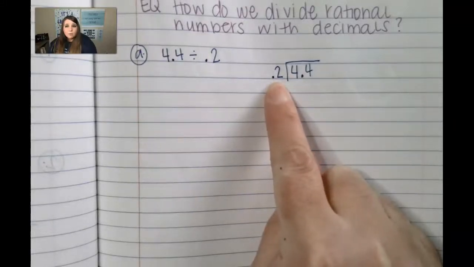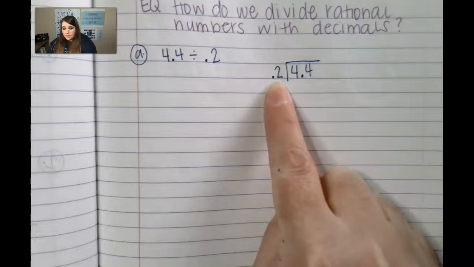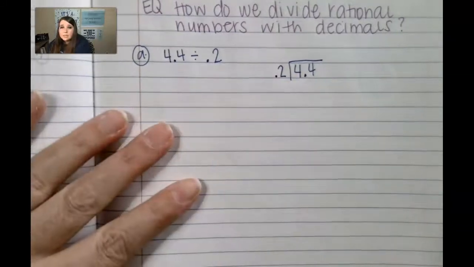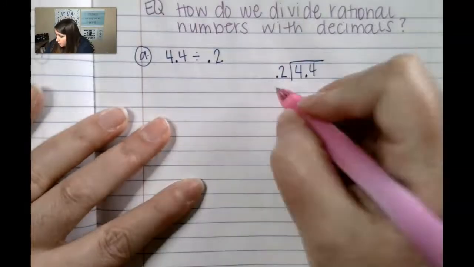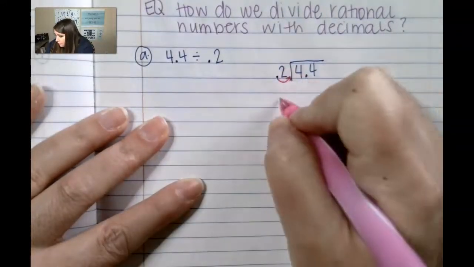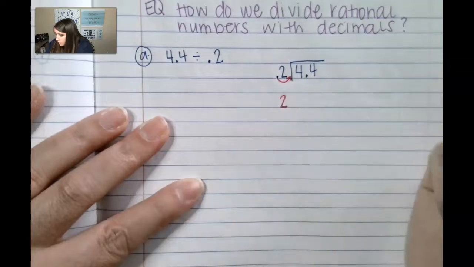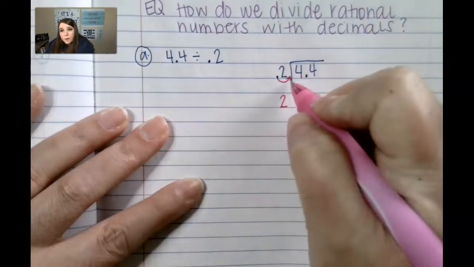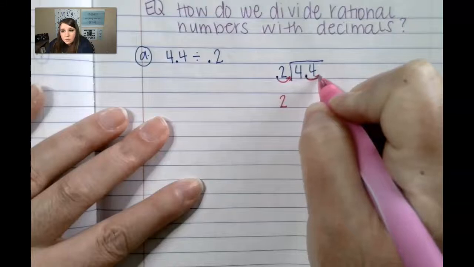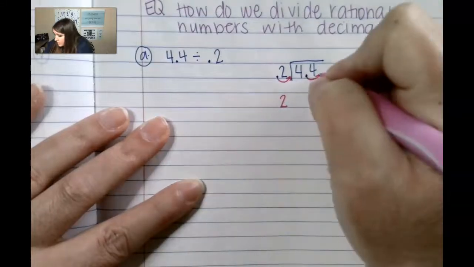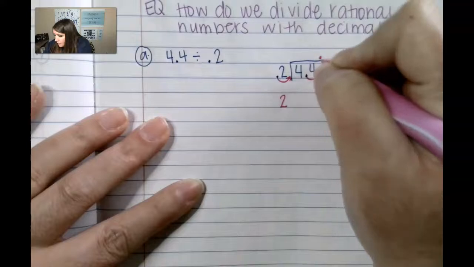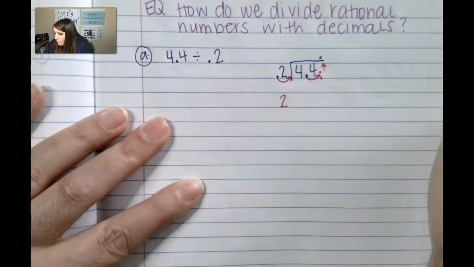The way that we get rid of the decimal is we move it until it looks like a whole number. Here we only have to move it one place before you get a 2. So if we move it one place here on the outside, we also move it one place on the inside, and then the decimal comes straight up from there.